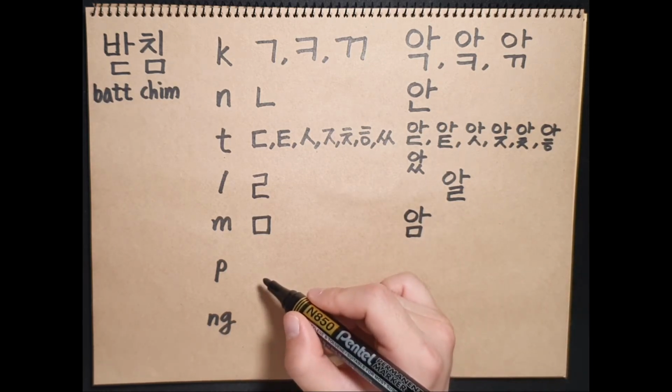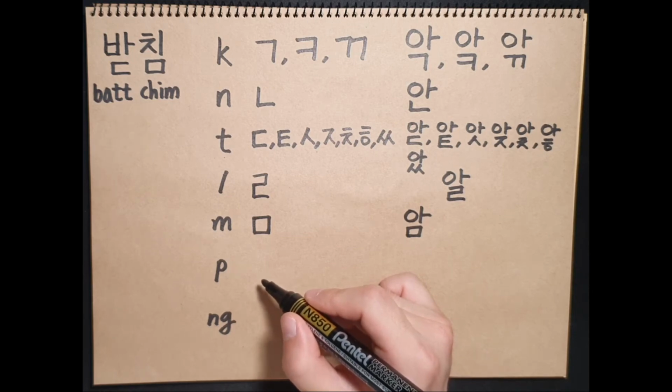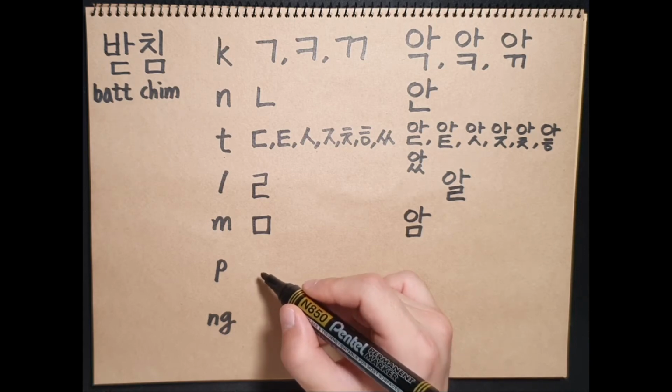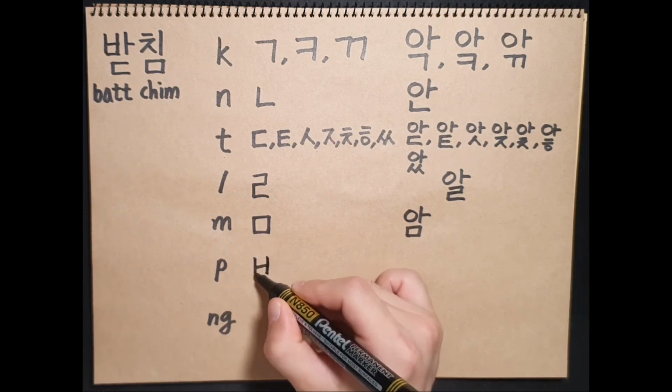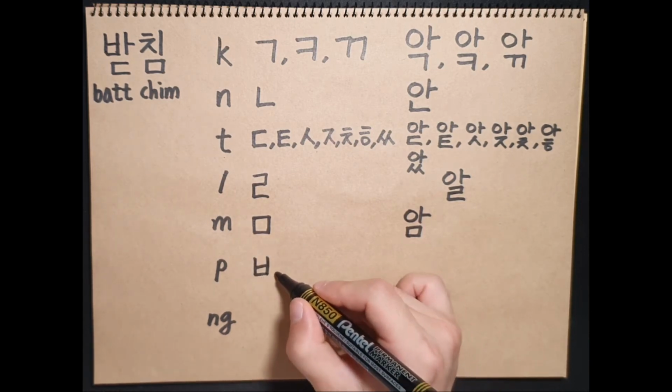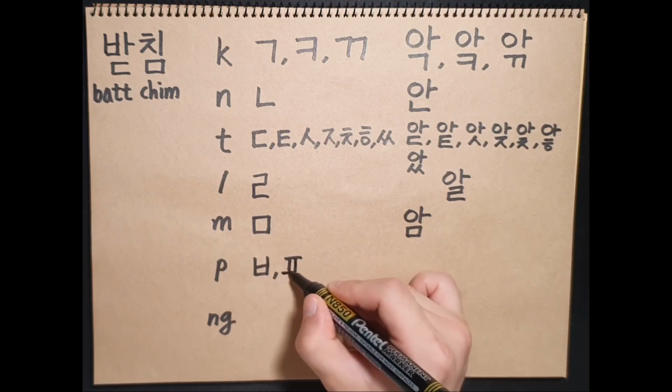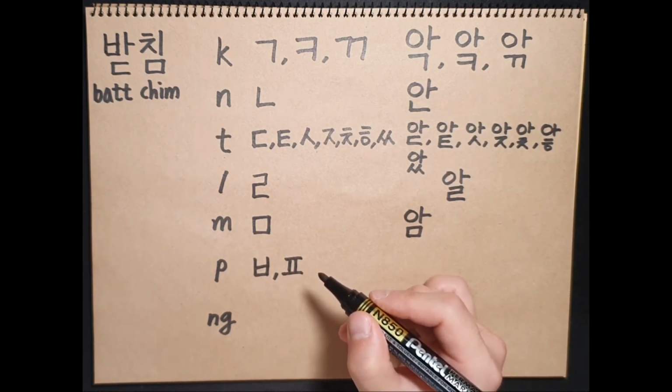The next Korean alphabets that have the ending sound of P or B in English are 피읍 and 비읍.